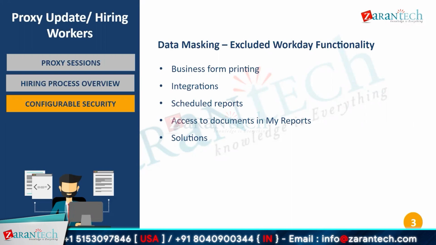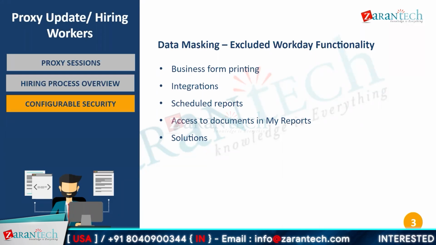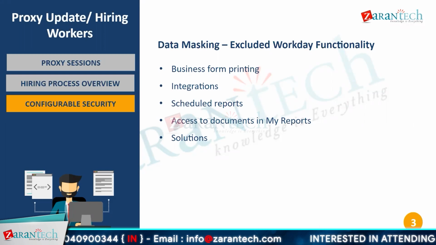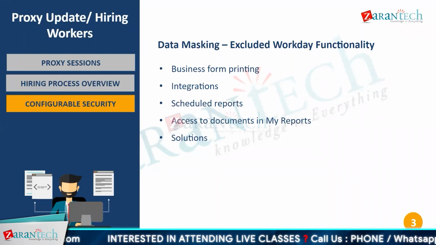You can do data masking for specific business objects. Right. So if you want to mask, let's take the example of social security number, you can mask a social security number so that it is only visible to specific security groups, and for the rest of the groups, data masking will be enabled.